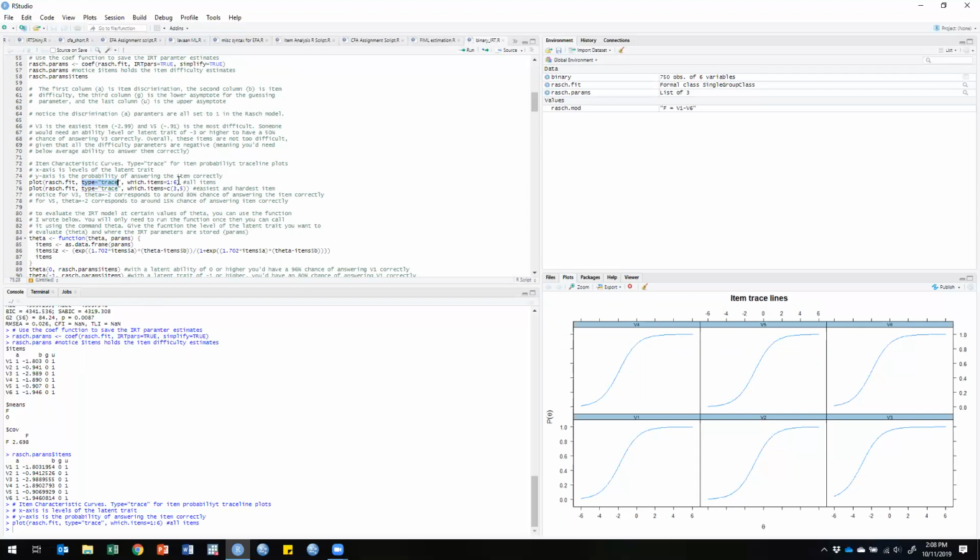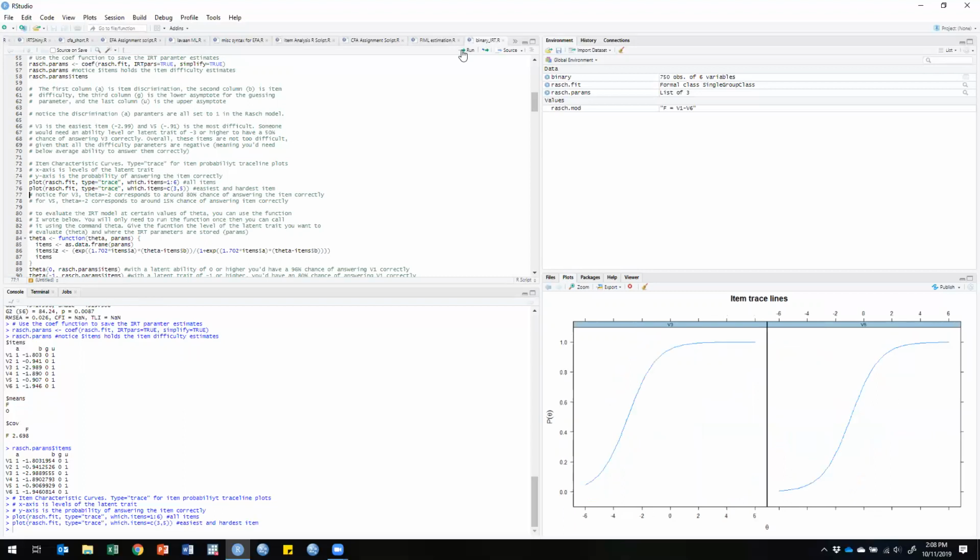And then you can tell it which items you want to plot. So here we plotted all of the items. Notice the slopes of all of the lines are the same. The only thing that's different is that they're shifted either to the right or to the left, depending on how difficult they are. So we can see here, questions 3 and 5.